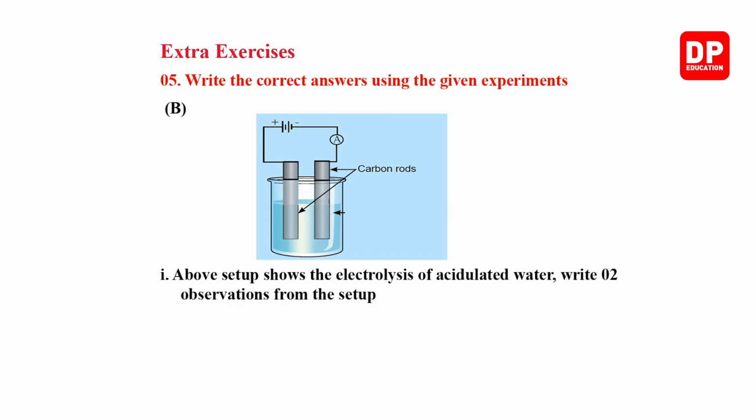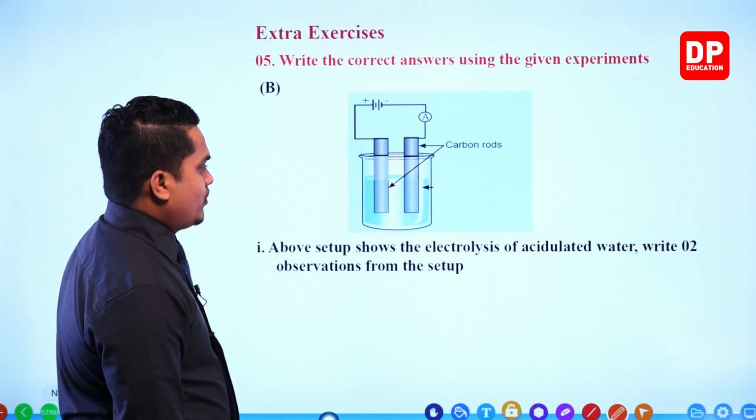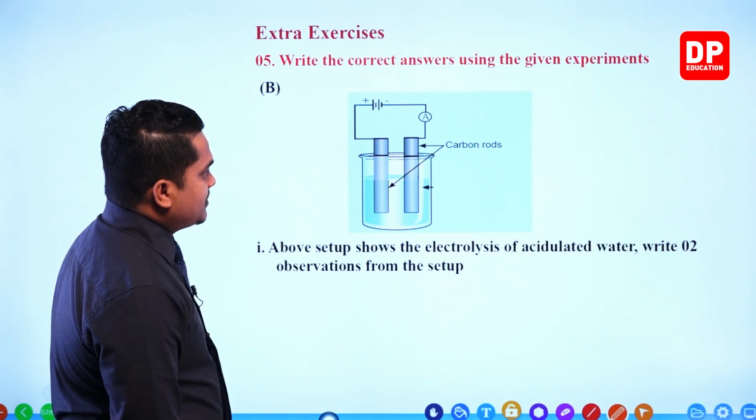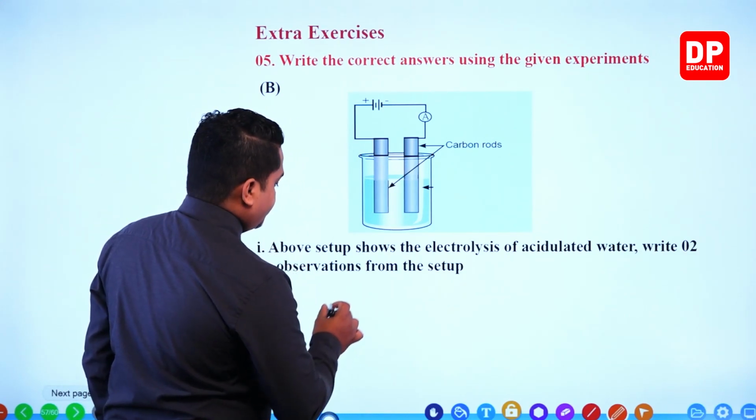Once again, you are given with another one. Above setup shows the electrolysis of acidulated water. Write two observations from the setup. Acidulated water is the one which is used. So, very simple.